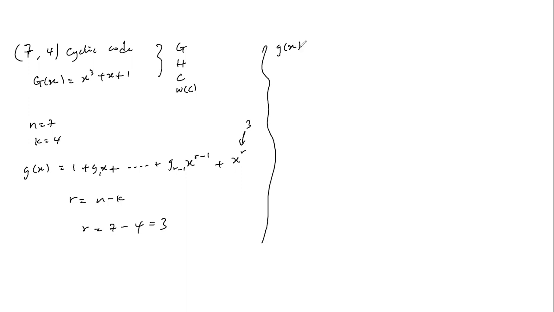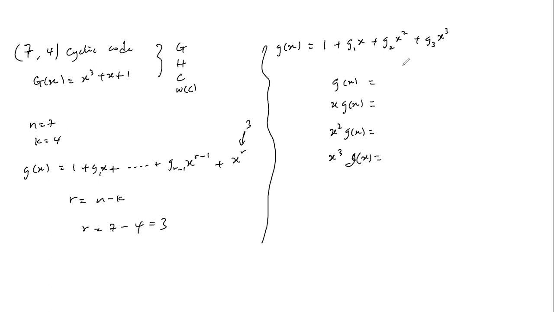So g of x will be of the form 1 plus g1 of x plus g2 of x squared plus g3 of x cubed. Now, g of x, x times g of x, x squared g of x and x cubed g of x.